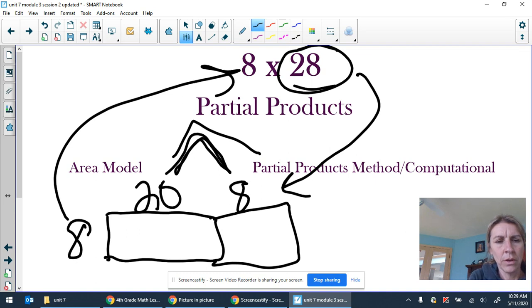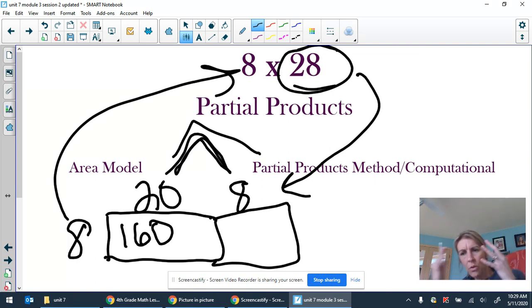That's also known as 160. And then 8 times 8 is 64.